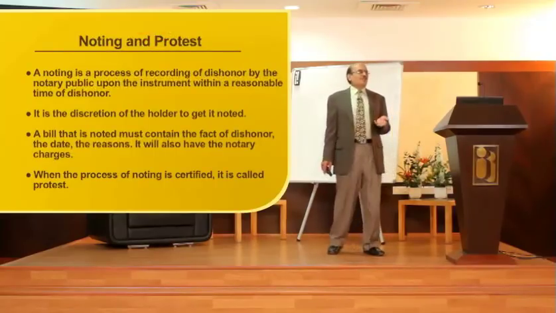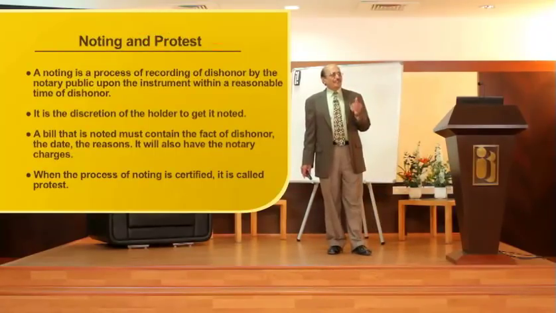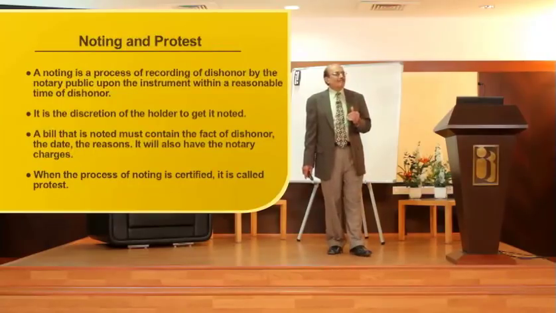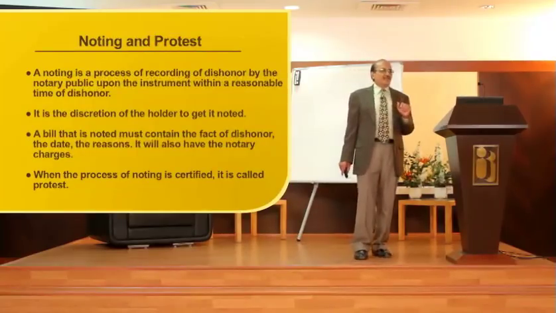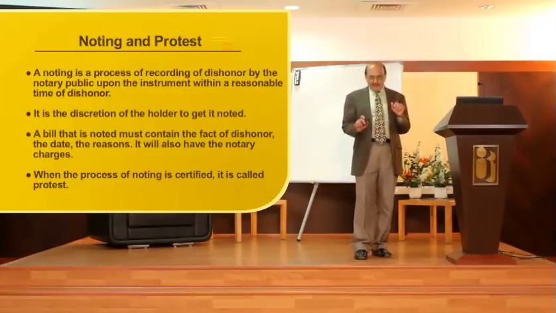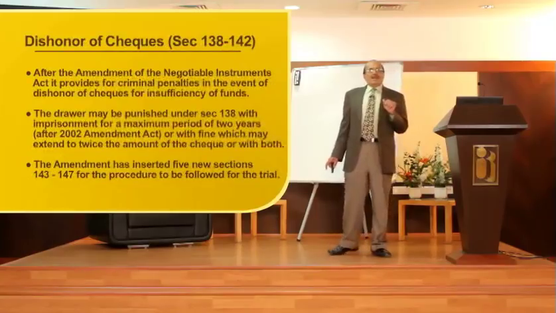A bill that is noted must contain the facts of the dishonor, the date and the reasons. It will also have the notary charges. When the process of noting is certified, it is called protest.